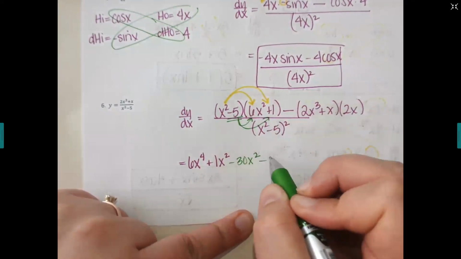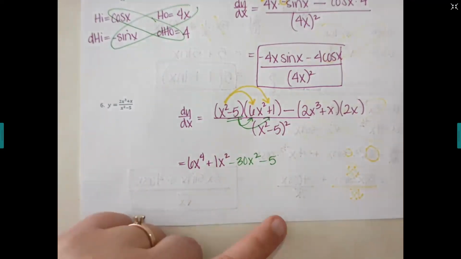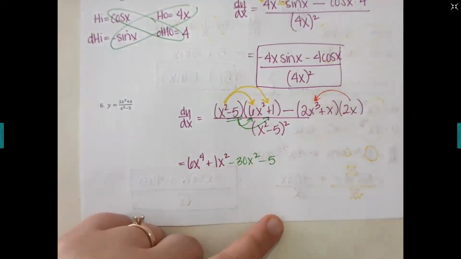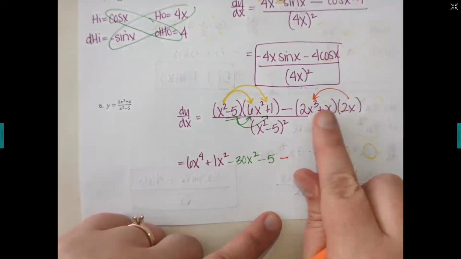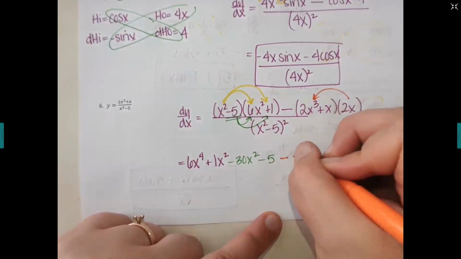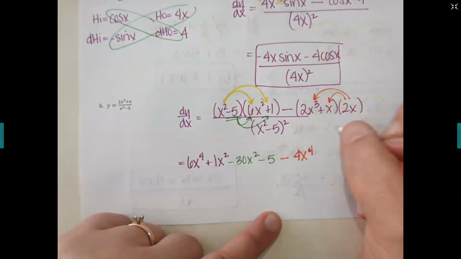And then minus 5 times 1 is a minus 5. Okay, second term, we're taking our 2x and we're multiplying that in. What is 2x times 2x cubed? 4x to the fourth, very good.